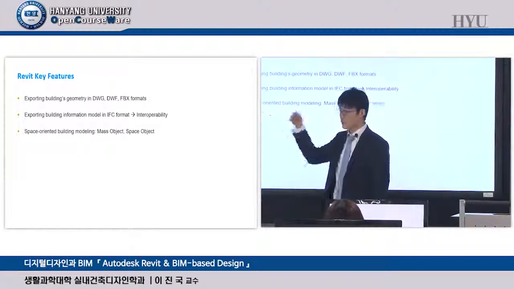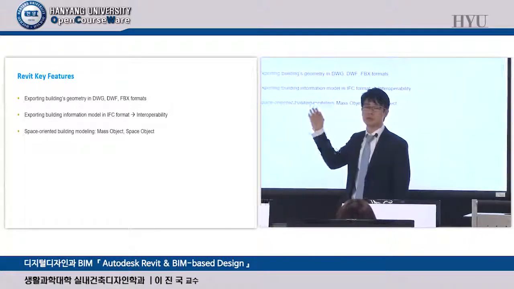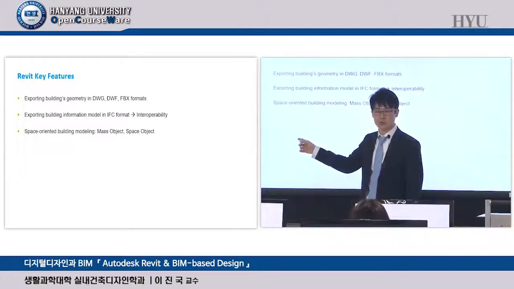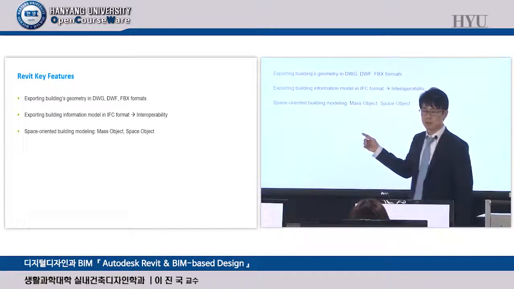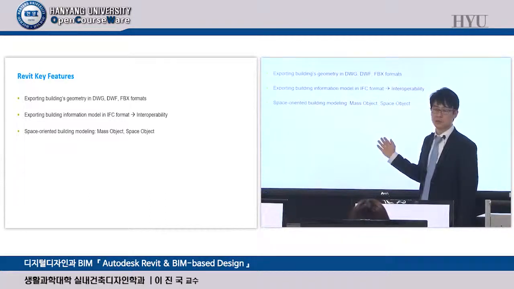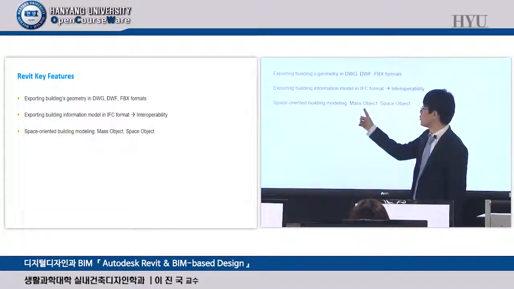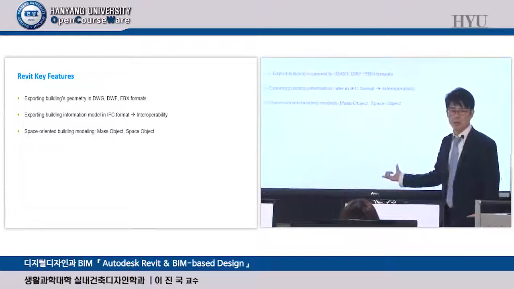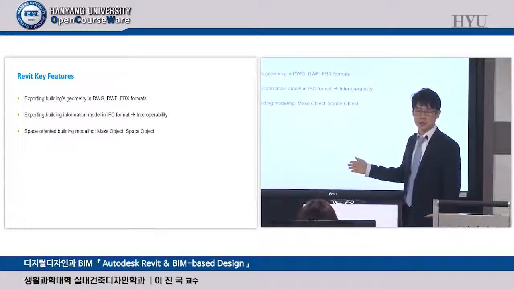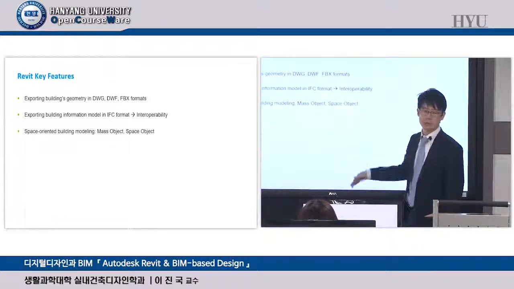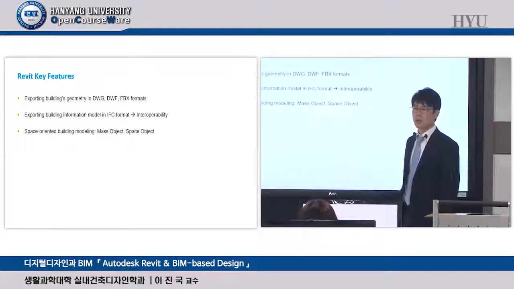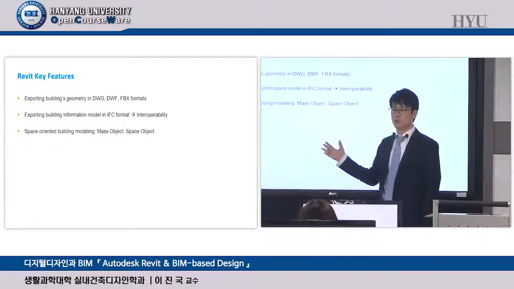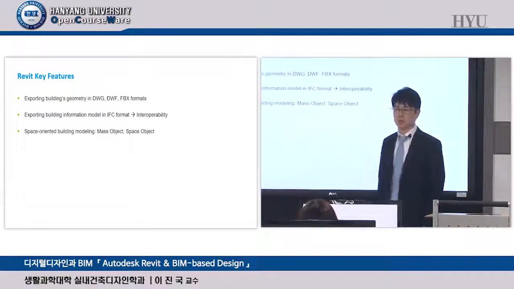But in Revit, there are space objects, such as rooms, floors, zone, and so on, area. Also mass object, okay? Even if it's just a simple box shape, that is a mass object, okay? You can divide the mass for levels, and you can edit that mass to a specific building design, okay?